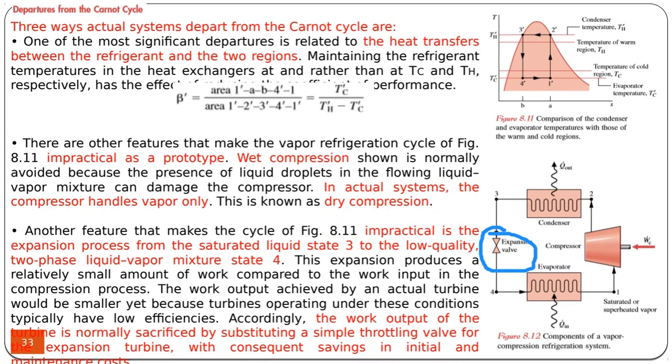In an actual refrigeration system, we have four members. The first member is the evaporator, where the cooling takes place. It absorbs heat from the surrounding, meaning that it cools down the surrounding. The exit of the evaporator is saturated vapor, and it's compressed in the compressor to superheated vapor.